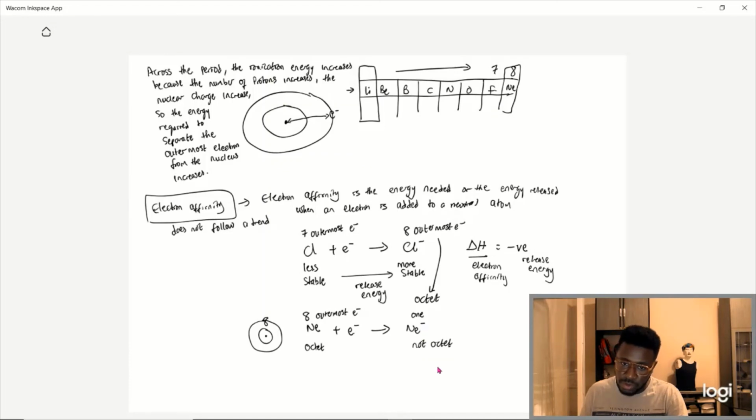If you add one more here, now this is going to have 1 here. This has 8 here. So this is not octet. And this is stable going to less stable. So if it's going from stable to less stable, you need to add energy, because this is not a spontaneous process. So your electron affinity is going to be positive.